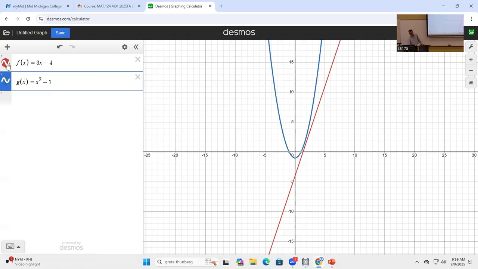X squared minus 1 passes the vertical line test, so it's a function. It does not pass the horizontal line test because I can draw a horizontal line through this and hit more than one spot. So it's not one-to-one.